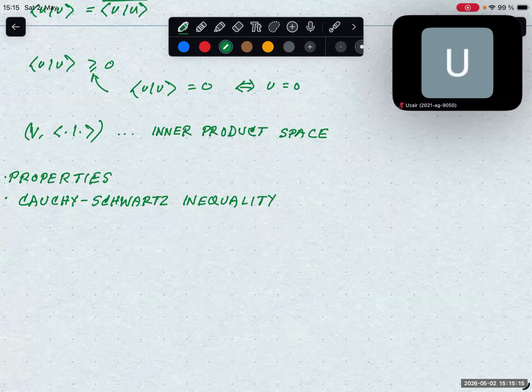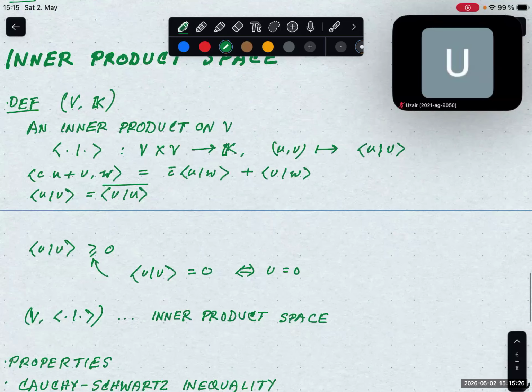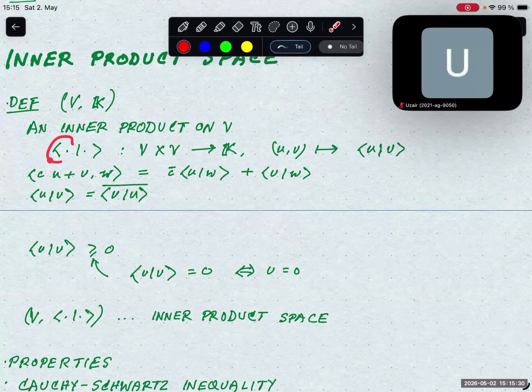Again, we have this inner product, and we take u, v as before. One thing I forgot to mention: the convention I used, this is anti-linear in the first place or first component, as you can see from here. Some authors use anti-linear in the second component. It's just a matter of choice.